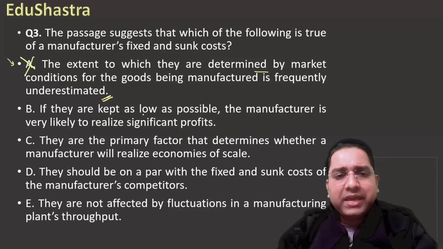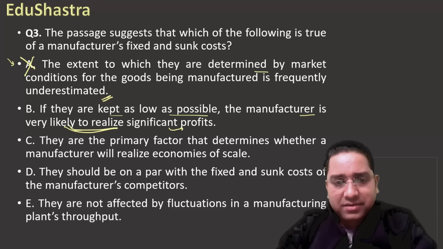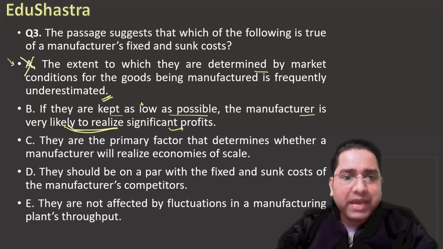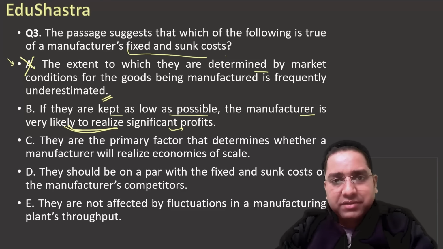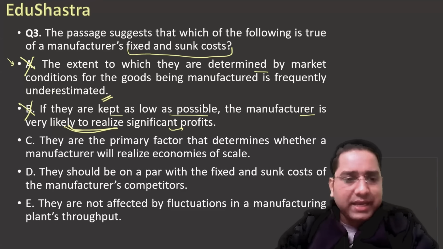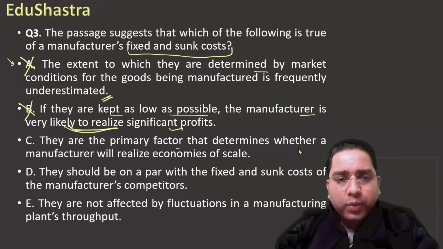Second is, if they were kept as low as possible, the manufacturer is likely to realize significant profits. But if he is likely to realize, I don't think so. It will make any impact with the question which is concerned with fixed costs. So second is ruled out. C says there are primary factors that determine whether a manufacturer will realize economies of scale.